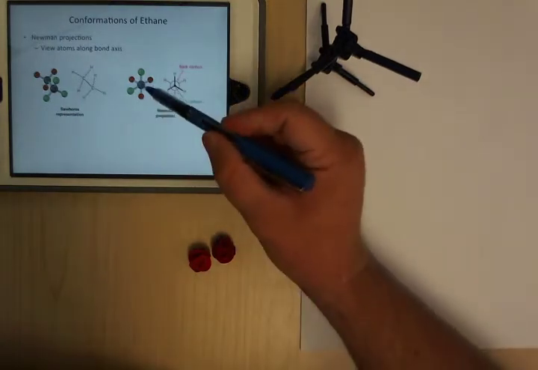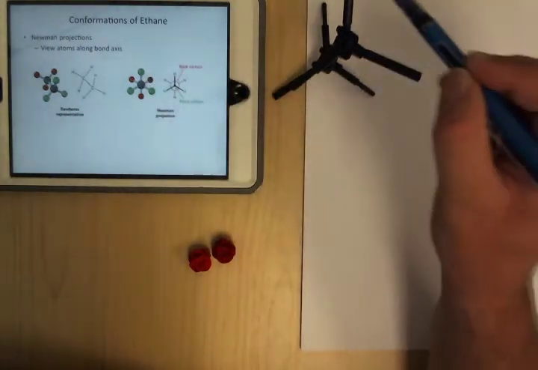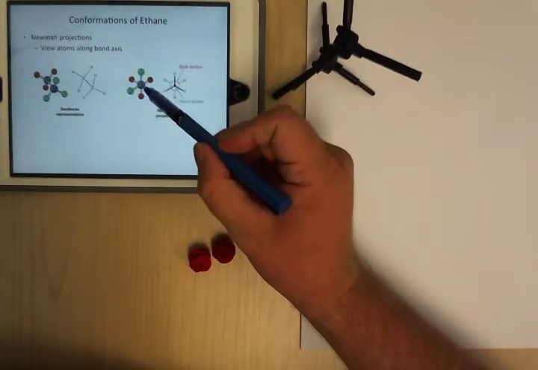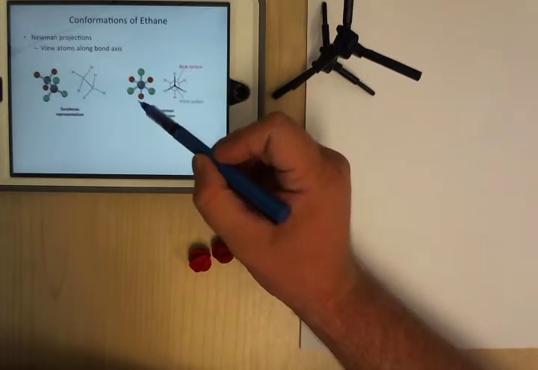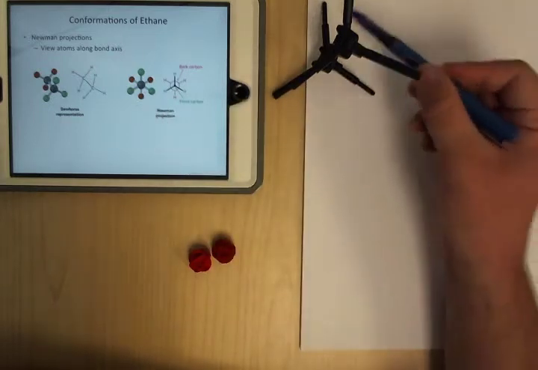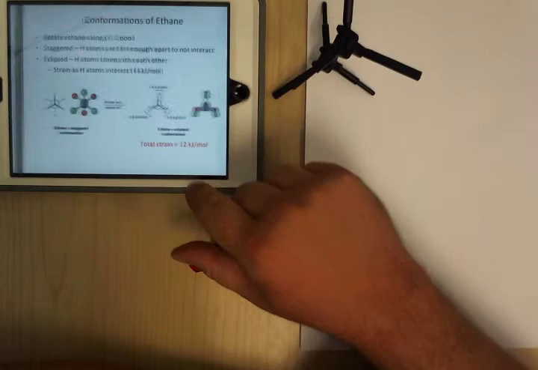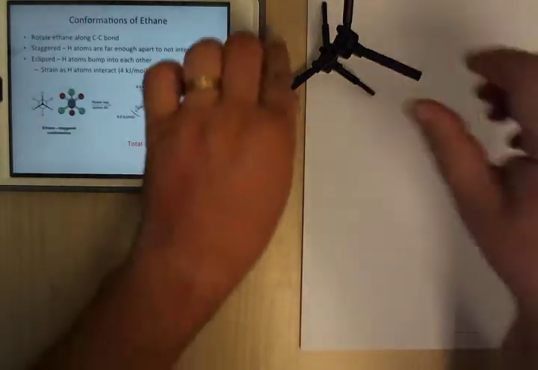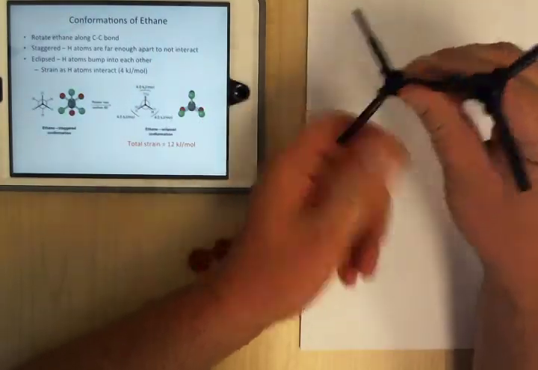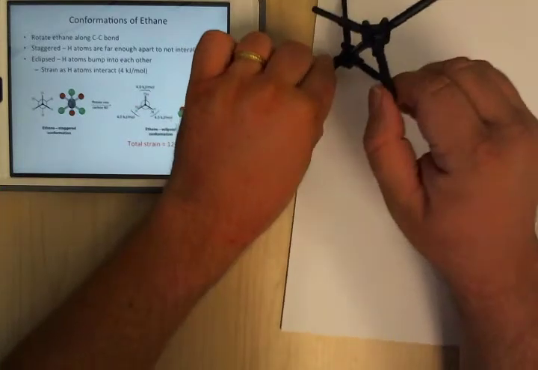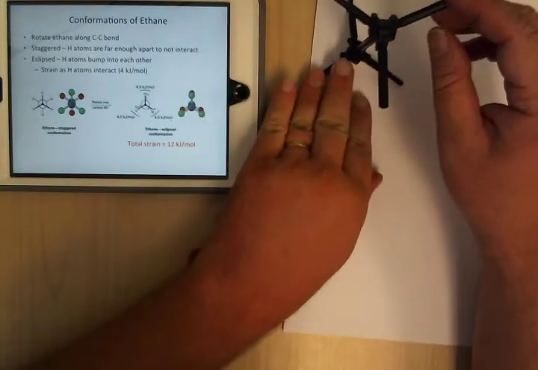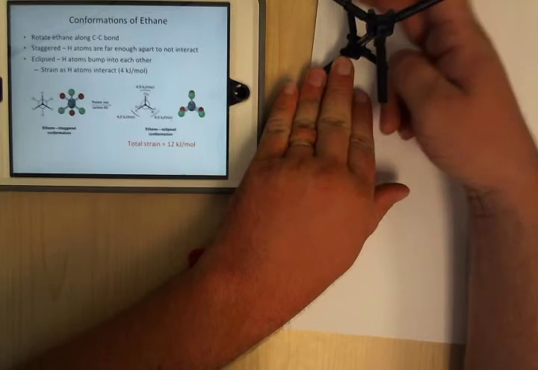In this case, the green ones would be the ones out in front, and the carbon behind would have those red hydrogens, down here. One of the things I notice is that as this rotates around, these hydrogens, while they're pretty small, can actually interact with each other between the 2 carbons.